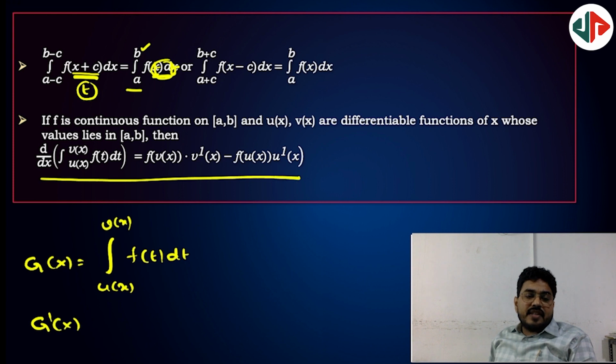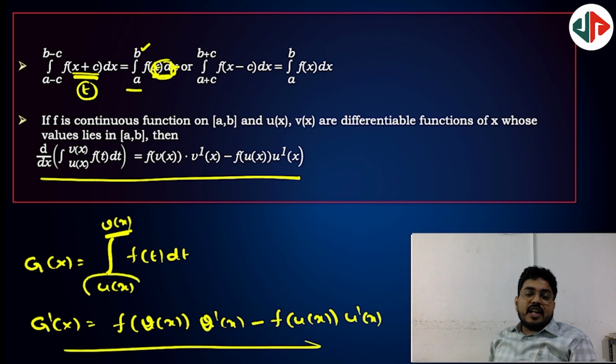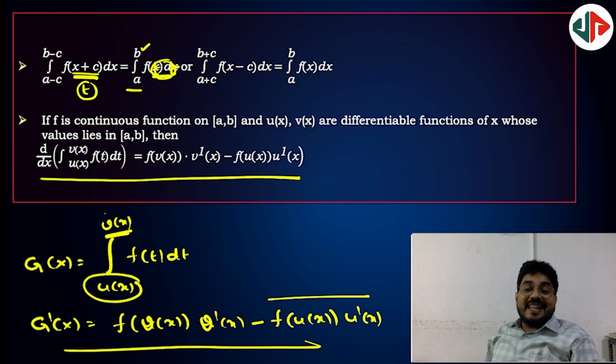G dash of x is equal to: substitute the upper limit, f of v of x into v dash of x, minus, substitute the lower limit, f of u of x into the derivative of u of x, which is u dash of x. If this is a constant, this portion will not be there. So it is the derivative of the integration.